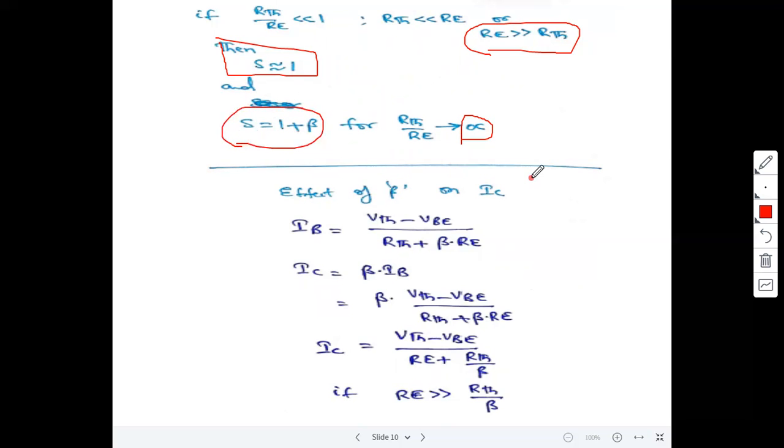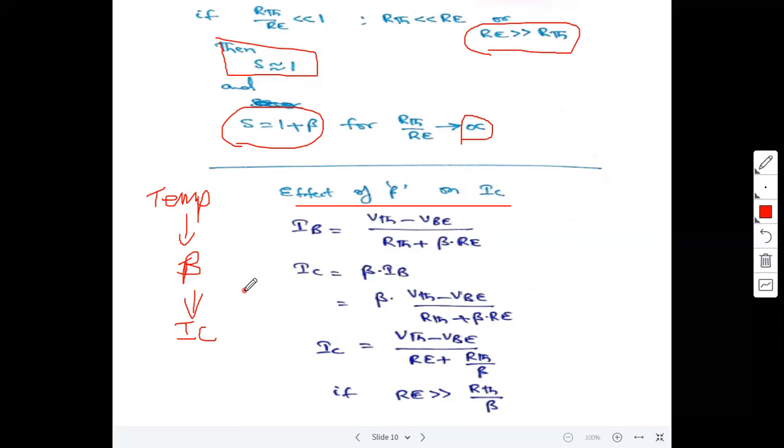Now, what is the effect of beta on collector current? Why? Because from the stability point of view, as temperature increases, hFE or beta increases, and the collector current also increases.